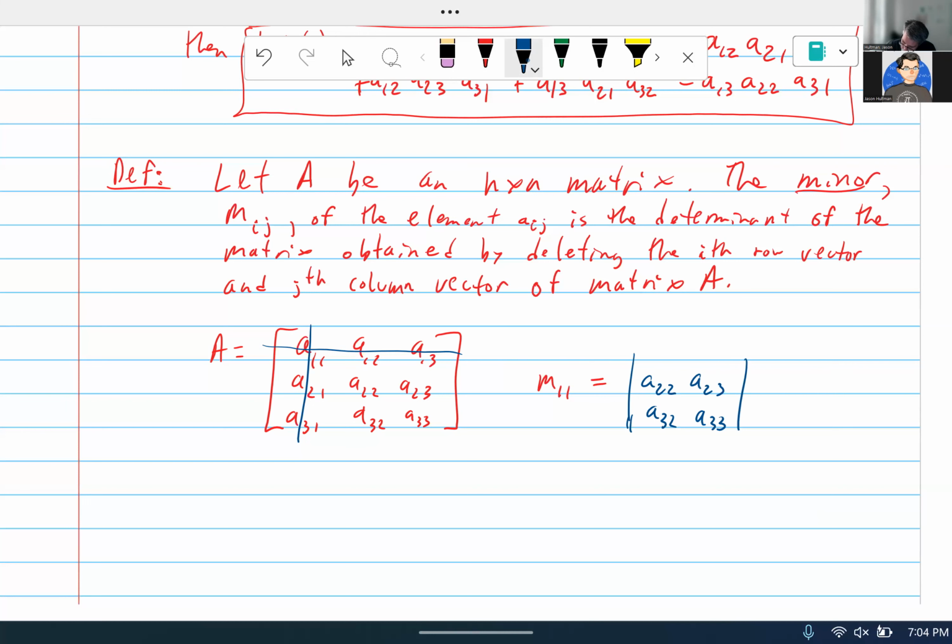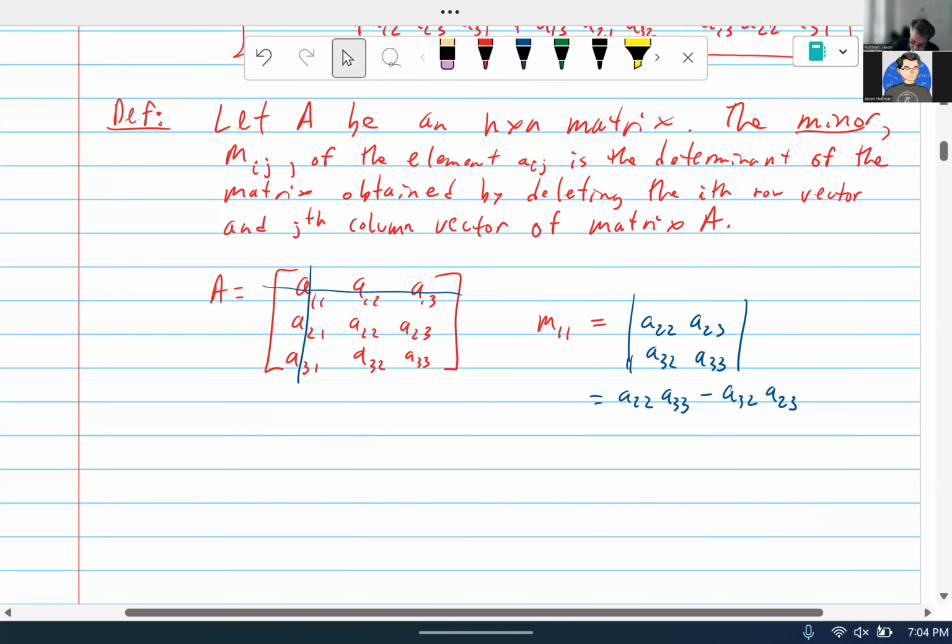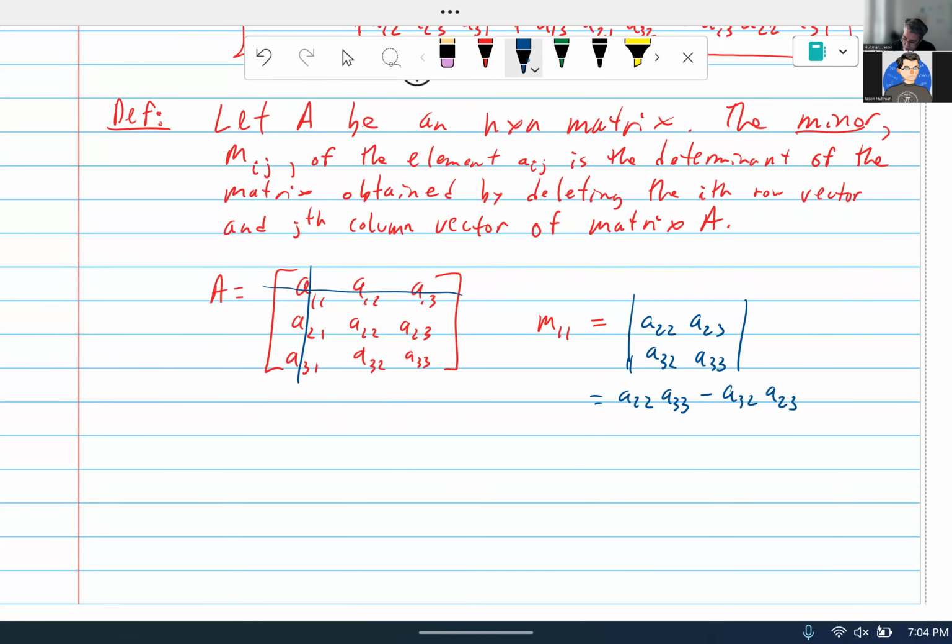We define the determinant of a 2 by 2 as A22 A33 minus A32 A23. So that's a minor. Crossing off the row and column gives me the minor for 1, 1.